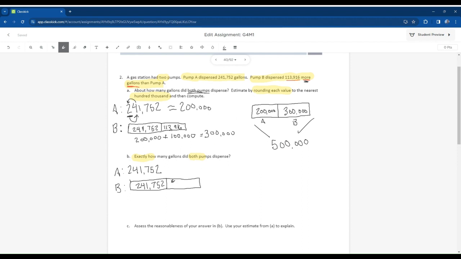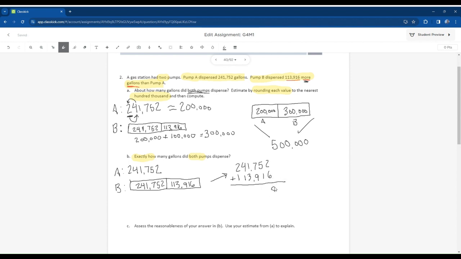And then this additional amount. So first things first, I need to figure out how many gallons pump B dispensed, and I'm going to have to come over here and do some actual addition. So 241,752 plus 113,916.